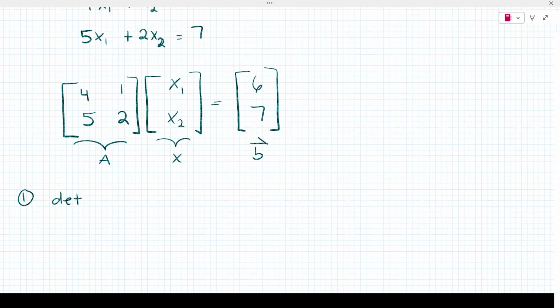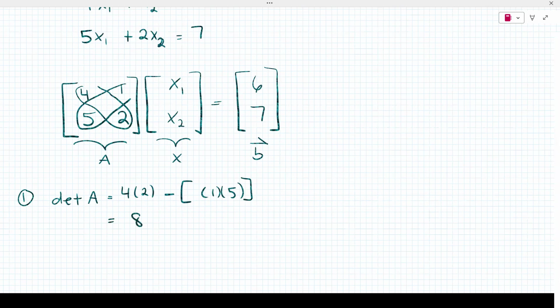Step 1: the determinant of A is 4 times 2 minus 1 times 5. So 4 times 2 is 8, minus 5, which is 3.